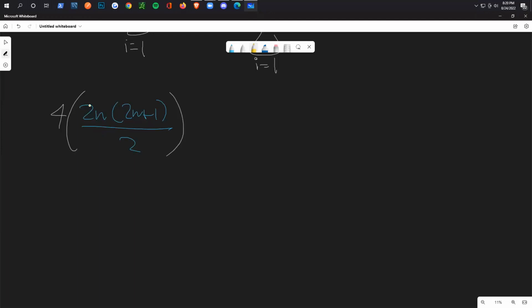We have 2n times this stuff, divided by 2. Let's remove the 2's, but don't remove the n. Now we have 4 times n times 2n plus 1. Let's distribute the n: 2n squared plus n, and we have a 4. So we have 8n squared plus 4n. Okay, we're good with this.